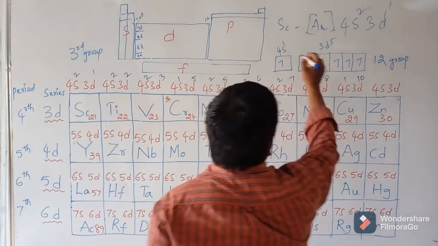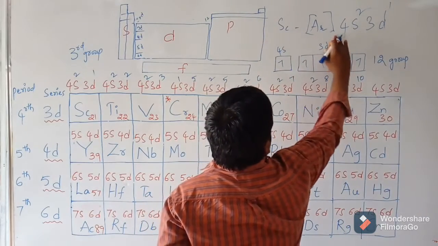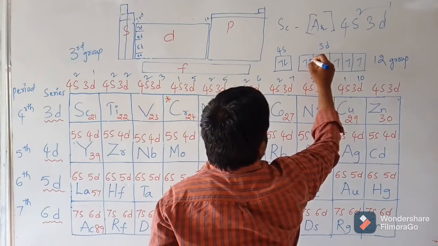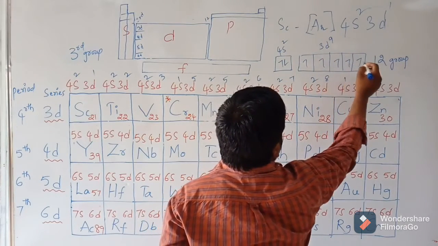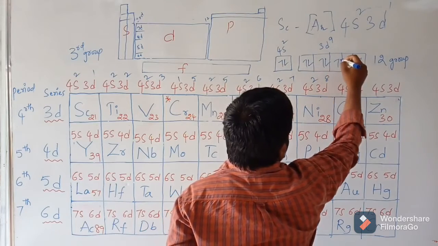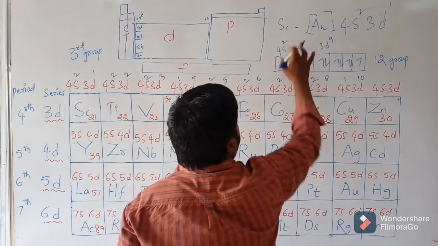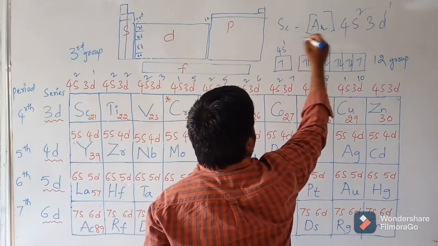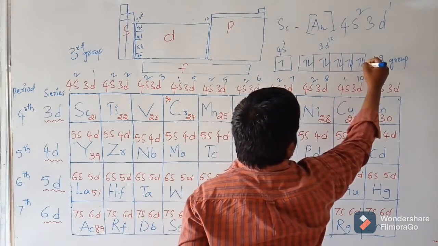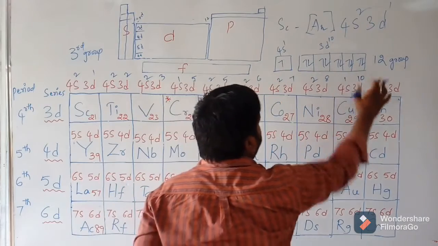For example, in this, 4s2 3d9 is there, 1 2 3 4 5 6 7 8 9. So if the electron jumps from the 4s to 3d9, it is going to form 4s1 3d10. So this is half-filled and this is a completely filled electron configuration.